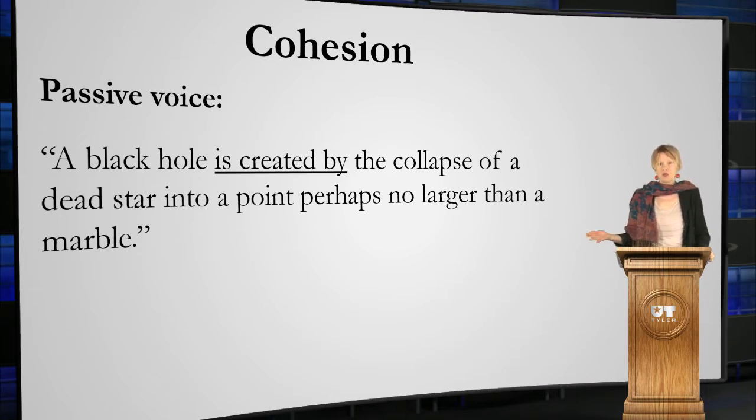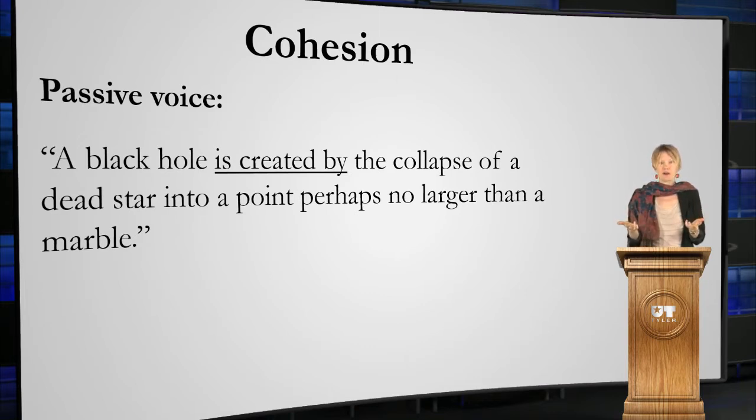And then you probably have a phrase that begins with by, because whoever is doing that action is displaced into the latter part of the sentence. The action is not being done by the thing in the subject position, which is usually the very beginning of the sentence. So in this sentence, you have some action going on.